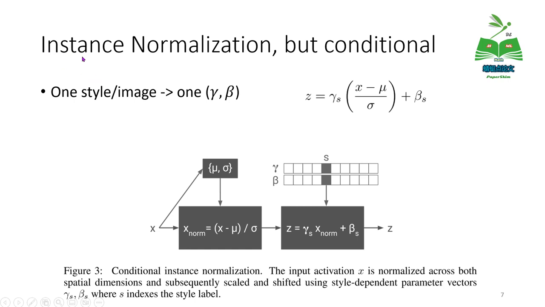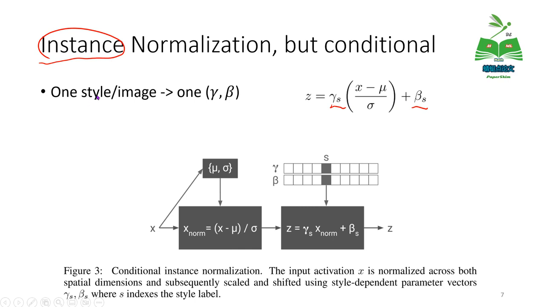One image can be treated as one instance. So for one style, we can do the normalization. If we have n styles, we can have n normalizations, one for each. For the normalization layer, given the input we compute its own mu and sigma, and then they have gamma and beta, which represent the scale and the bias.